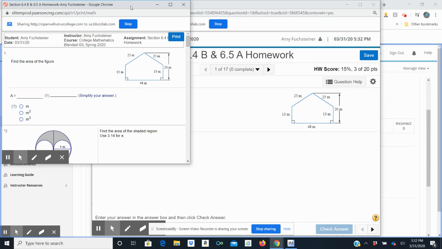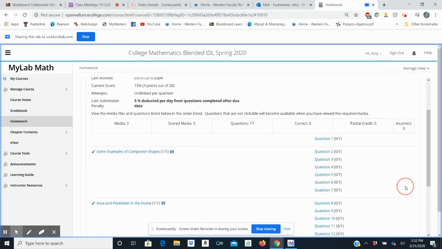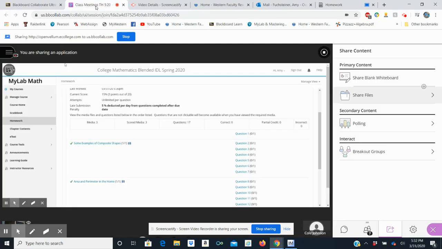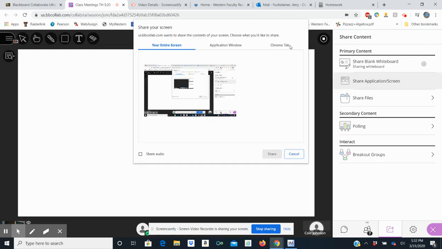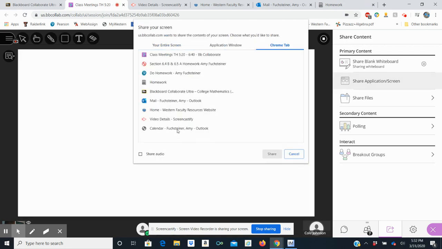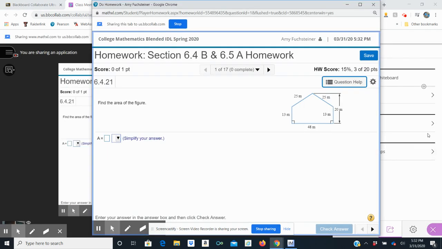Are you seeing another new page or not? Okay, hold on one sec. Yep, that's what you're saying. Okay. Okay, on this, once it's loaded, you want to do question help and print.